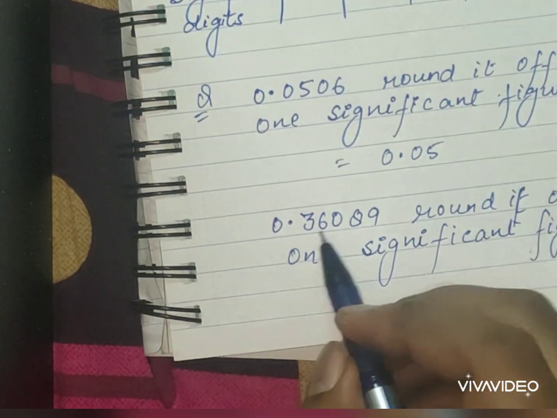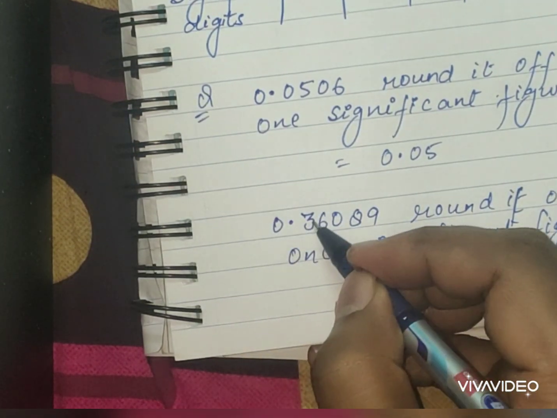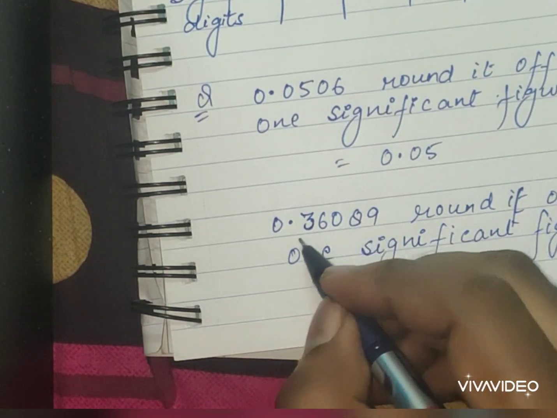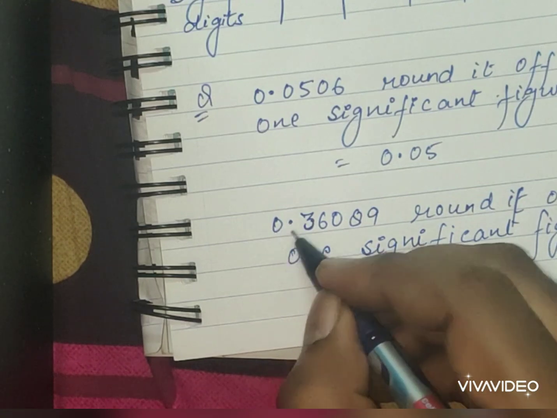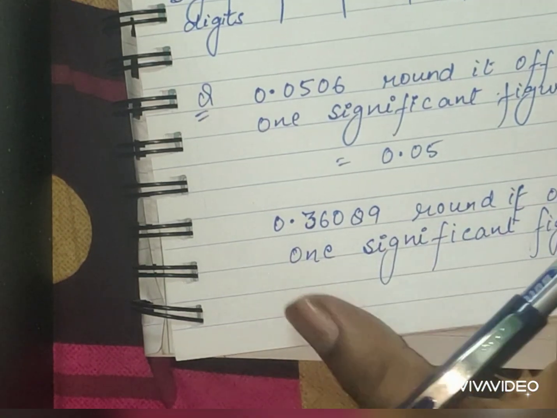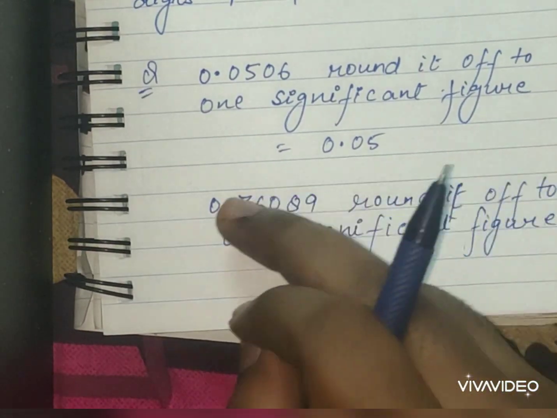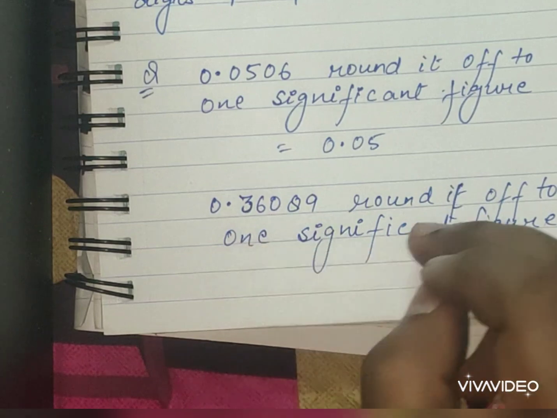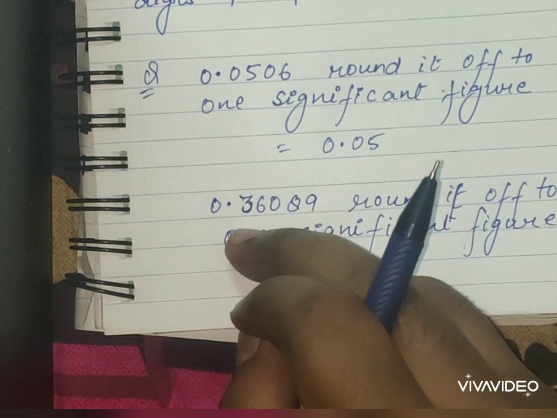As you can see, there are 1, 2, 3, 4, 5 digits in this decimal, so you have to round it off till one significant figure.